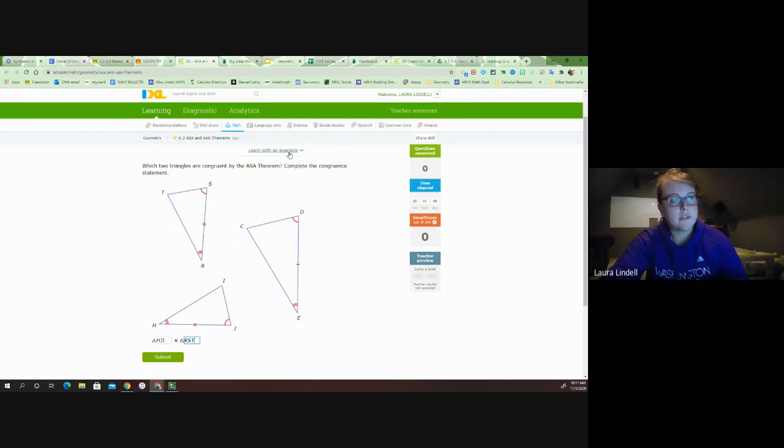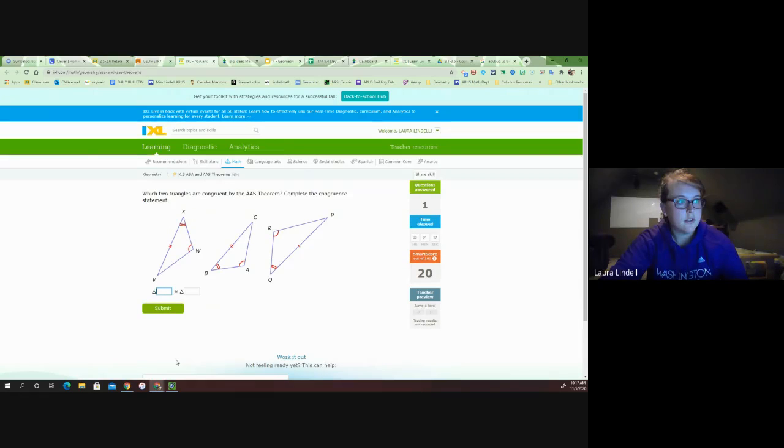Remember, you can always click Learn with an example, and it'll take you through an example before you have to do a problem on your own. All right, and then this one is angle, angle, side. So notice on this one how we have an angle, angle, and a side. And that these two have 2 lines in the side, 2 lines in the side. This one has only 1 line in the side.